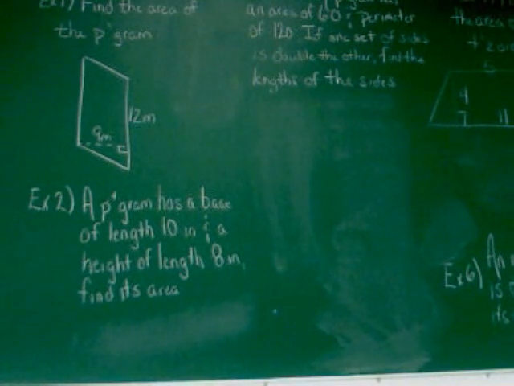In example 1, we're just supposed to find the area of the parallelogram. And you can see I'm abbreviating parallelogram quite a bit, as I am trapezoid, because I just don't want to keep writing it out.